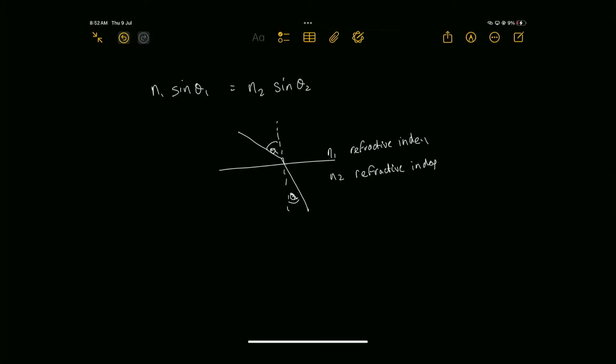So theta 1 is the angle of incidence, and theta 2 is the angle of refraction. It's not necessary to draw the diagram, but if you have the diagram and you don't have theta 1 and theta 2, you'd still get the mark, right?